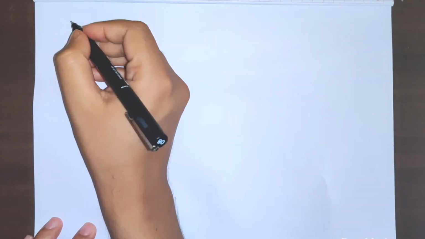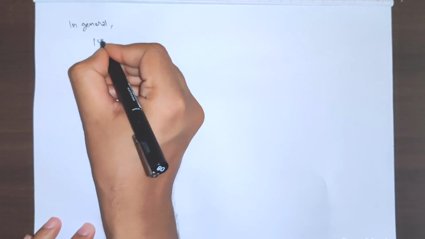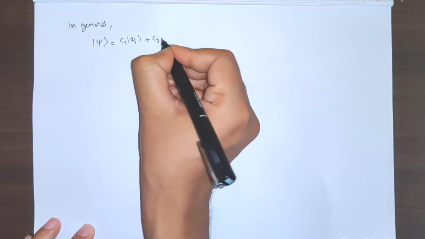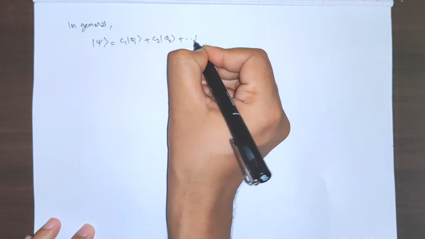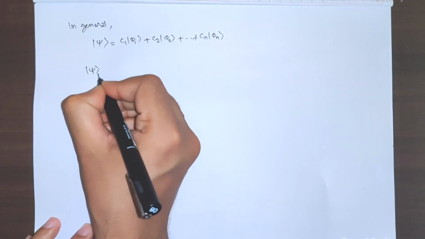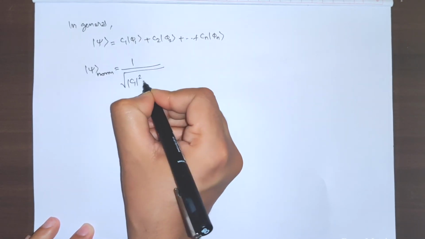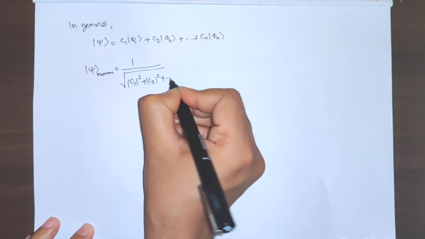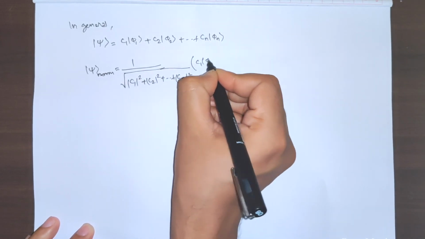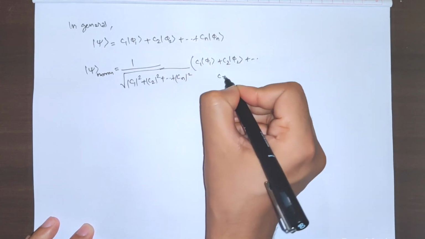Alright. Now in general, one can write the formula which we derived for the two-state case. If psi is given by c1 phi 1 plus c2 phi 2 and so on up to cn phi n, and you want to find the normalized psi, we can simply write it like this: 1 over the root of |c1| squared plus |c2| squared plus dot dot dot |cn| squared, multiplied by the original wave function c1 phi 1 plus c2 phi 2 plus up to cn phi n.